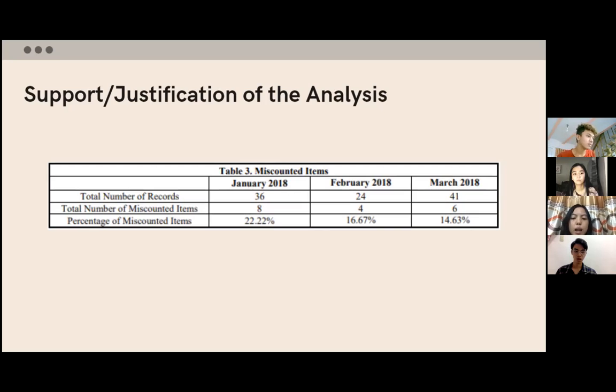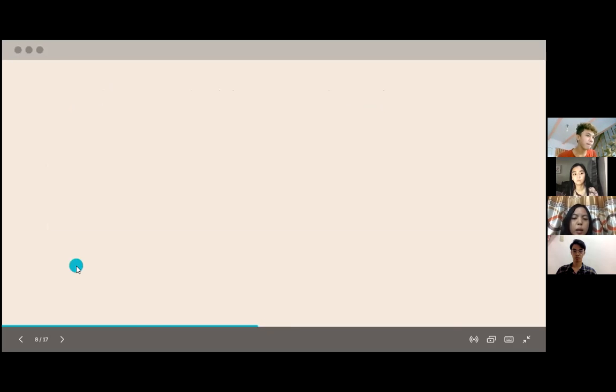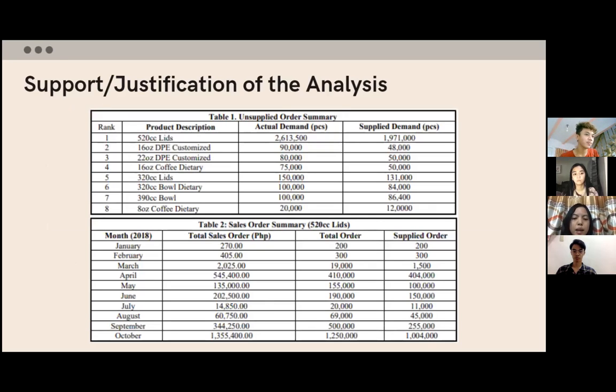In analyzing Table 1, the 520cc lids product has the most unsupplied orders, with an actual demand of 2,613,500 pieces of product, but with only 1,971,000 pieces of supplied demand.